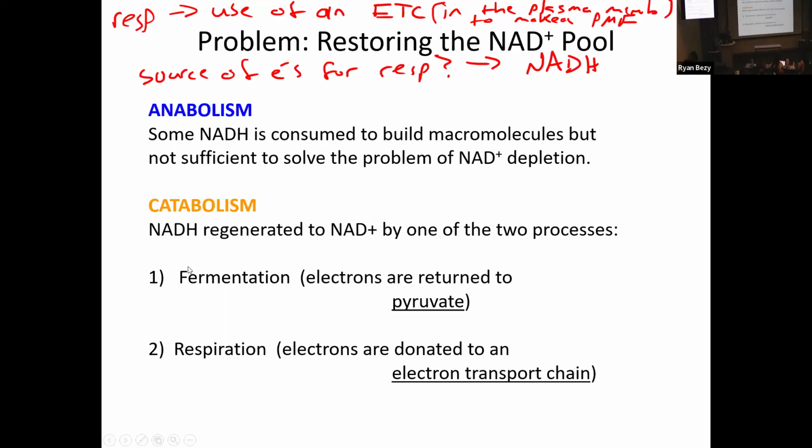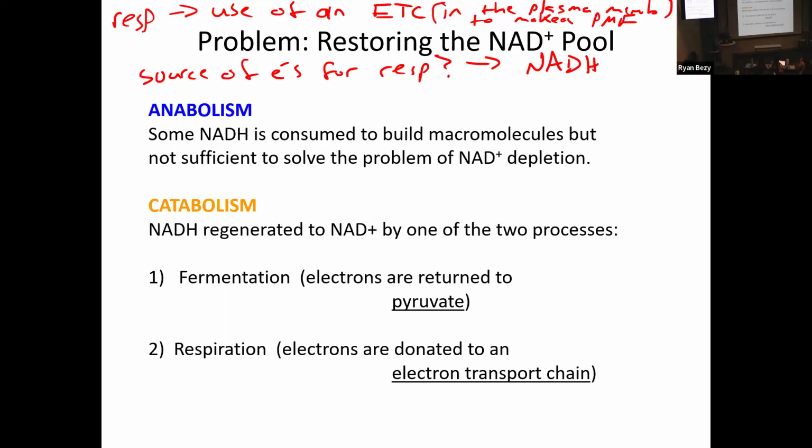Sorry. In respiration, again, NADH is used as an electron source. NADH gets used up. That regenerates NAD+. The NAD+ is going to keep things like glycolysis and citric acid cycle running. But that NADH is used up much more productively.